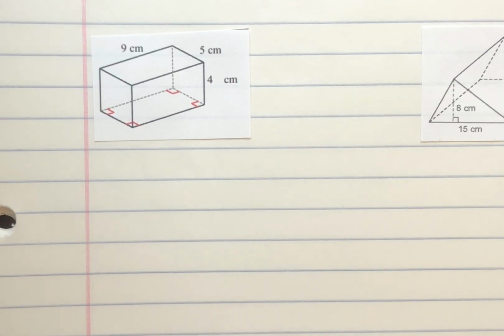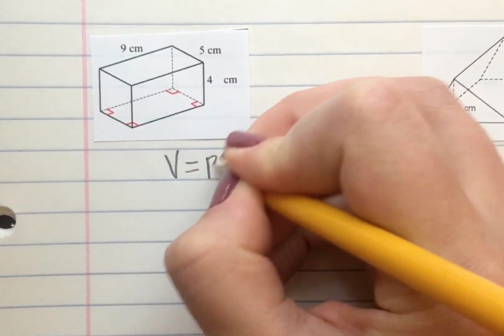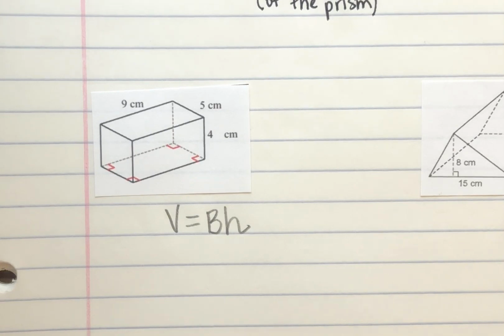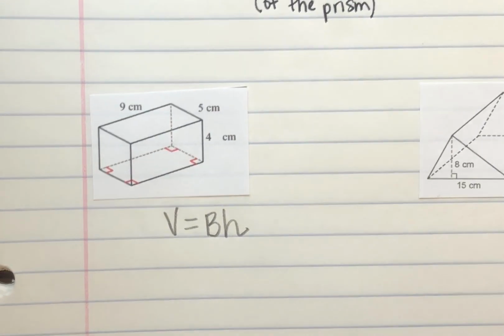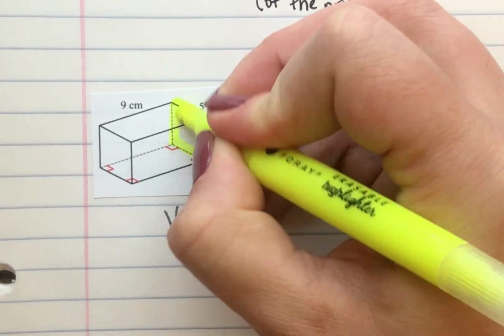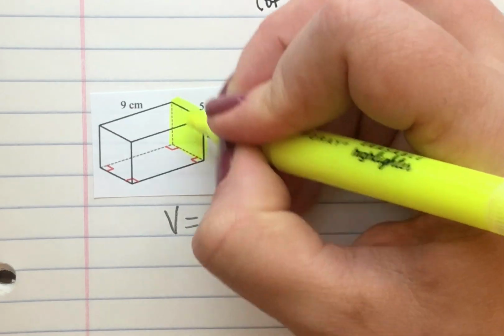The very first thing that we want to do on every single problem is to write our formula. So V equals capital B times h, and let's go ahead and name this figure. I'm going to highlight one of the bases here, and if you have this in front of you, I would really encourage you to do the same. So this is going to be this base here.